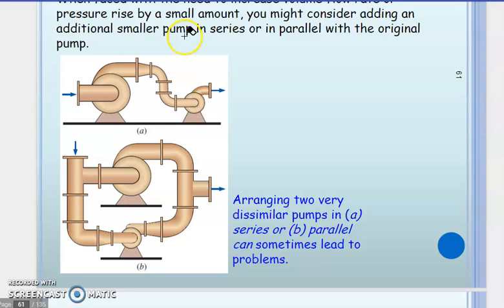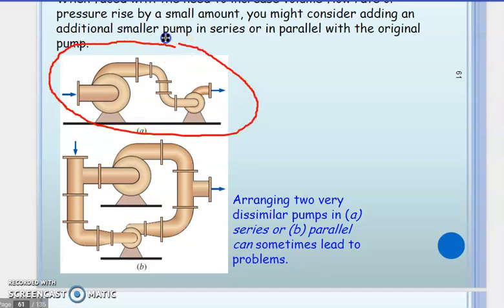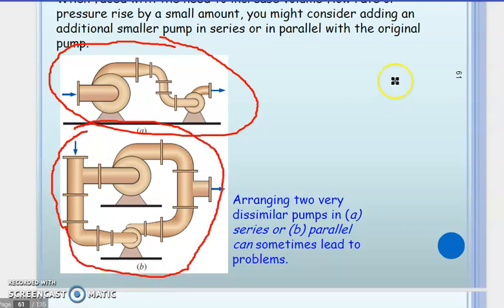So this is a typical configuration of pump arrangement. This one is in series, while this one is in parallel. This is how we configure the pumps.